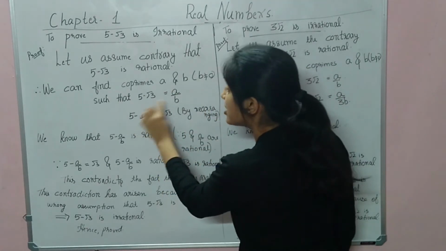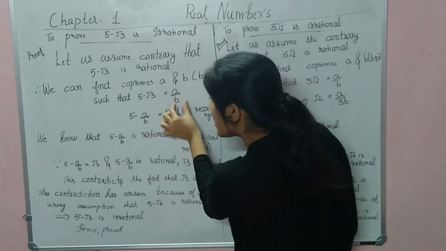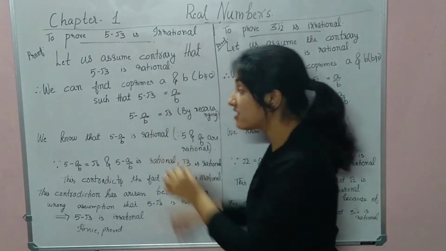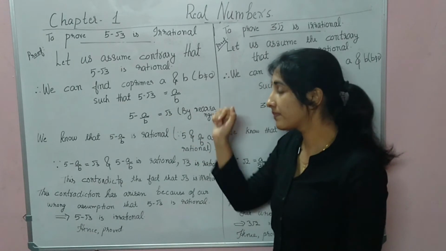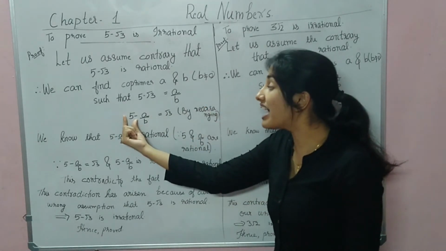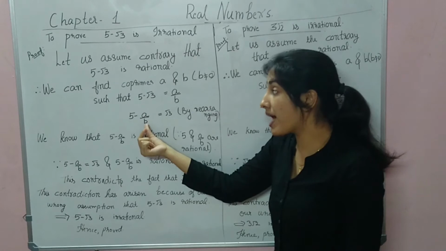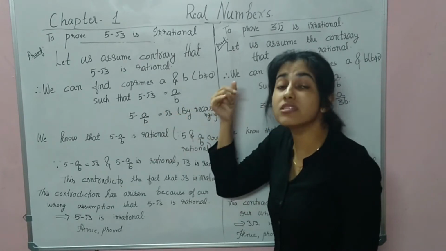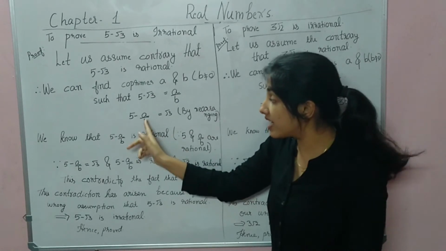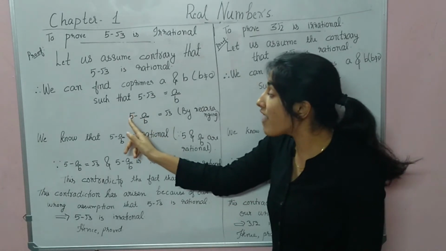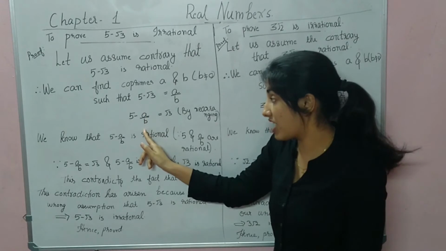By rearranging this, if we take a by b to the LHS, we get 5 minus a by b equals root 3. We know that 5 minus a by b is rational because 5 is rational, and a rational number minus another rational number is rational.